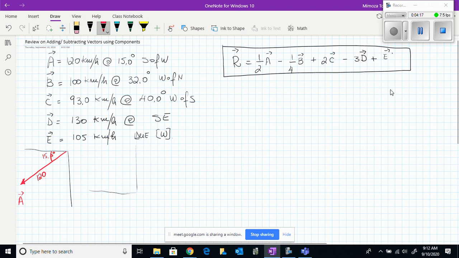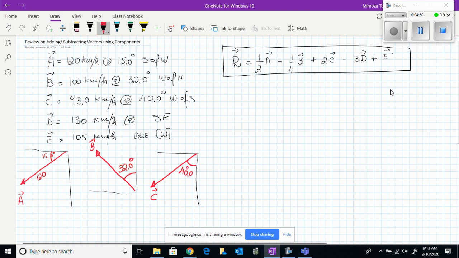Let's make all the vectors red. And the angle with north is 32 degrees. Vector C is between south and west, and it is 93 kilometers per hour, and the angle with south is 40 degrees.